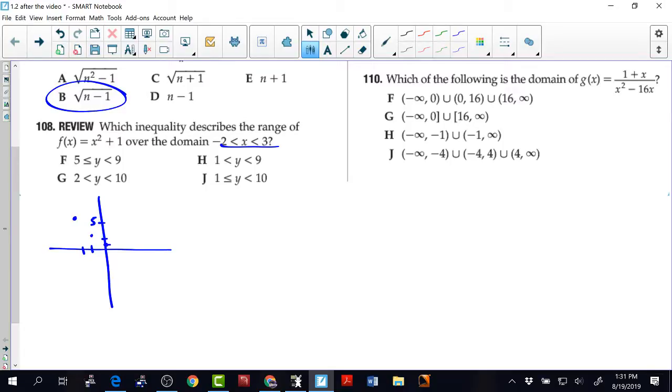And now if I plug in 1, I get 2, so now we're going back up. I'll just plug in 3 and see how high we go. 9 plus 1 is 10, so we're all the way up here at 10. So here's the graph, and the range goes from 1 to 10.